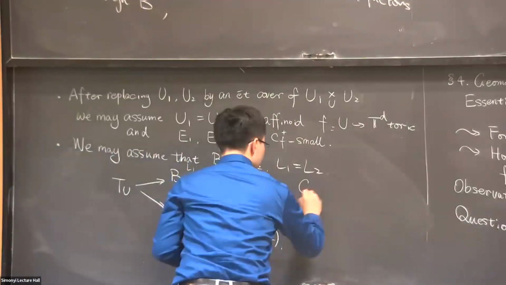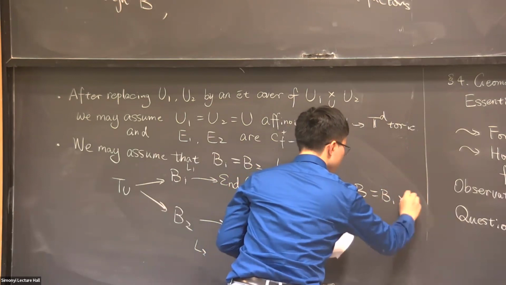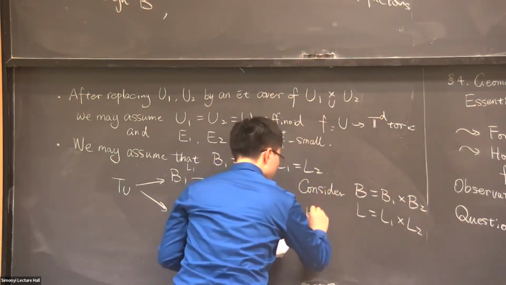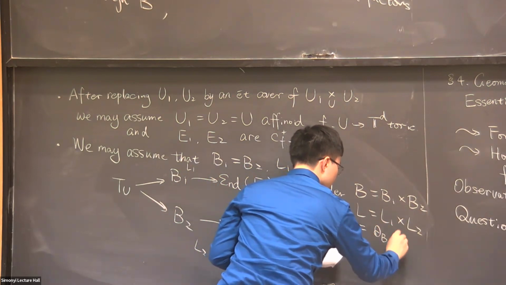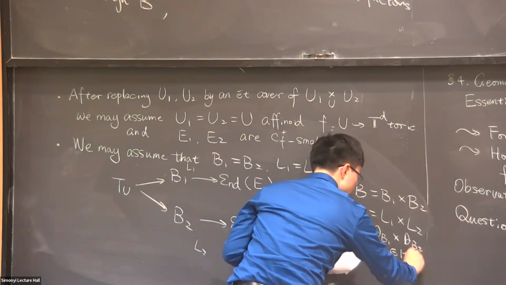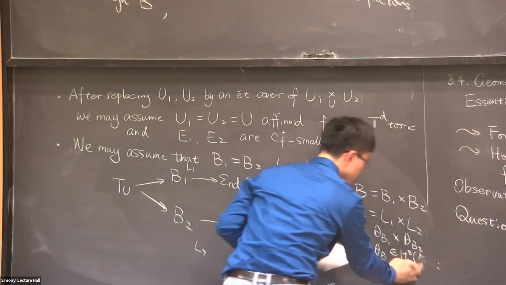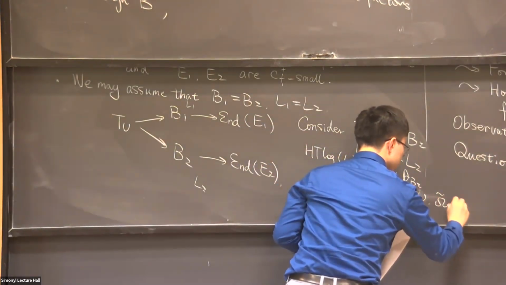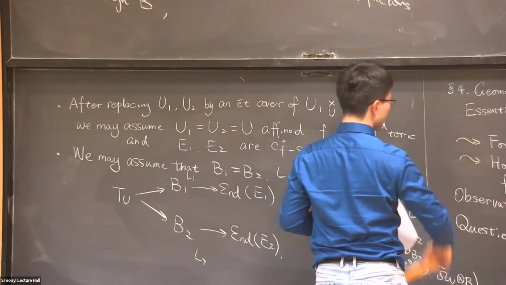So we just consider B to be the product of them, and L to be the product of them. Then we still have theta B equal to theta B1 times theta B2, which is just the theta B that lies in the global section. Okay, so we may do those simplifications.